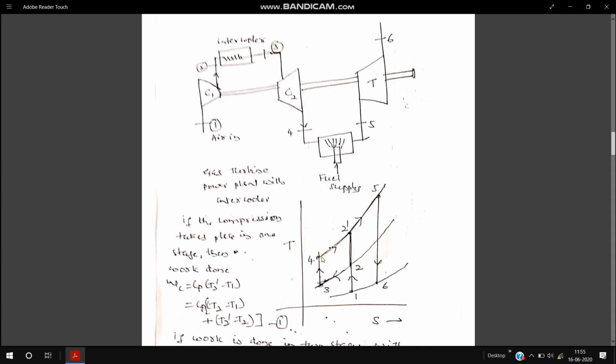Then it is heated from T4 to T5 in the combustion chamber, and 5 to 6 indicates the expansion of gases in the gas turbine.